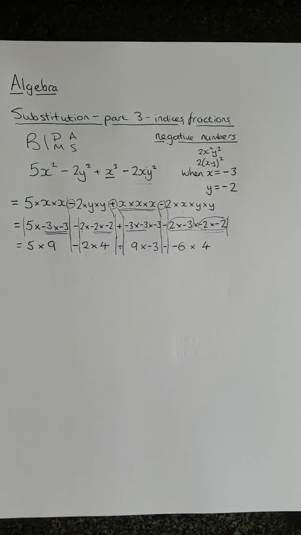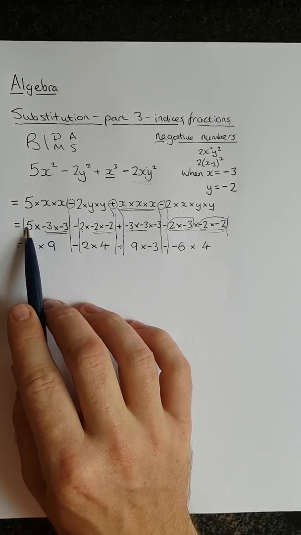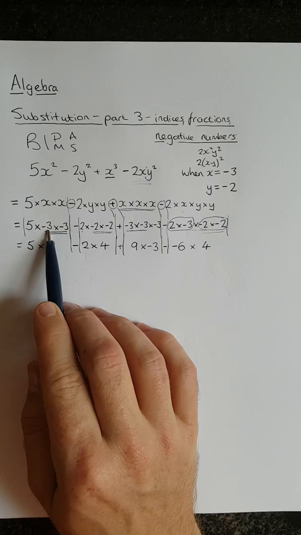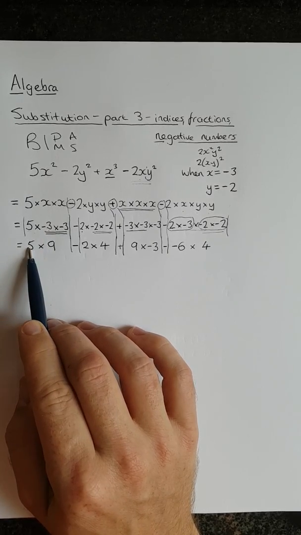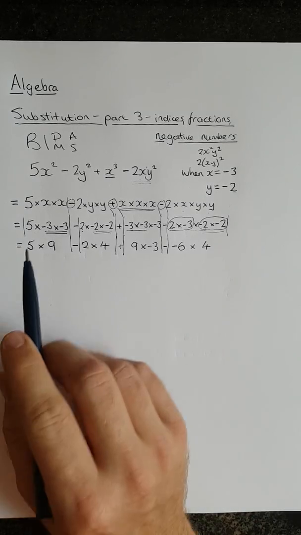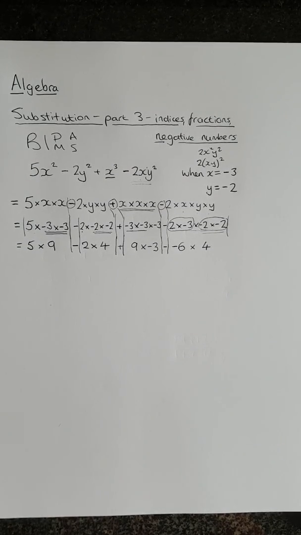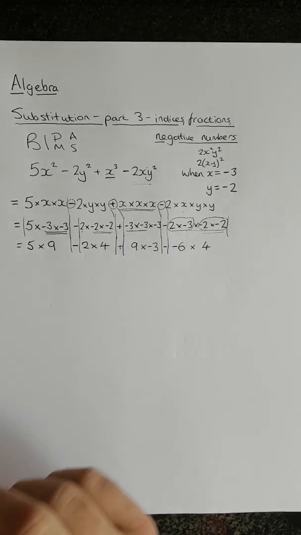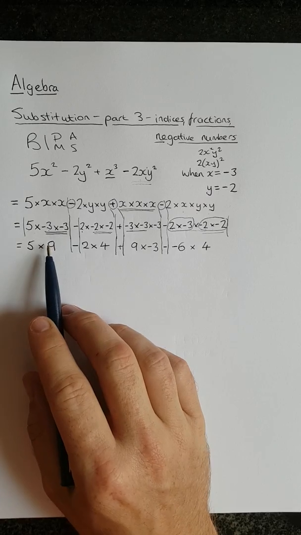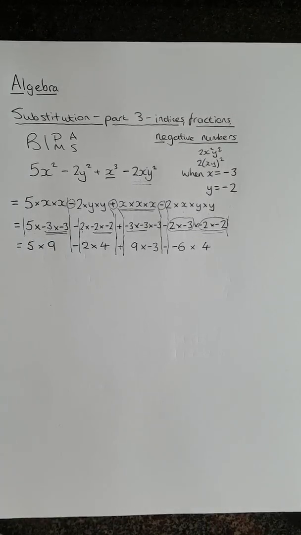I could show you this same question doing it several different ways. For example, I could have done 5 times -3 and got -15 here, and then written times by -3 afterwards. Or I could have multiplied all 3 terms together and just put the answer down here. As long as you follow the rules for negative numbers, you'll be fine. But my advice is, do the negatives first, and then do one step at a time if you can.